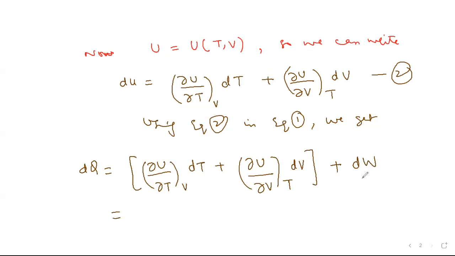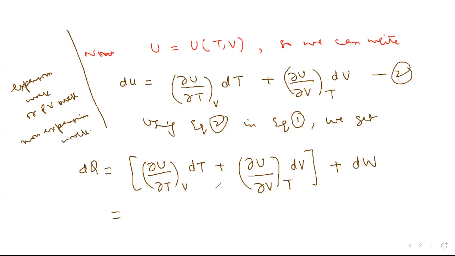Now this dw can be written as PdV. Remember, there are two kinds of work. One is called expansion work or PV work. The second is non-expansion work. We assume here that only expansion work is possible.